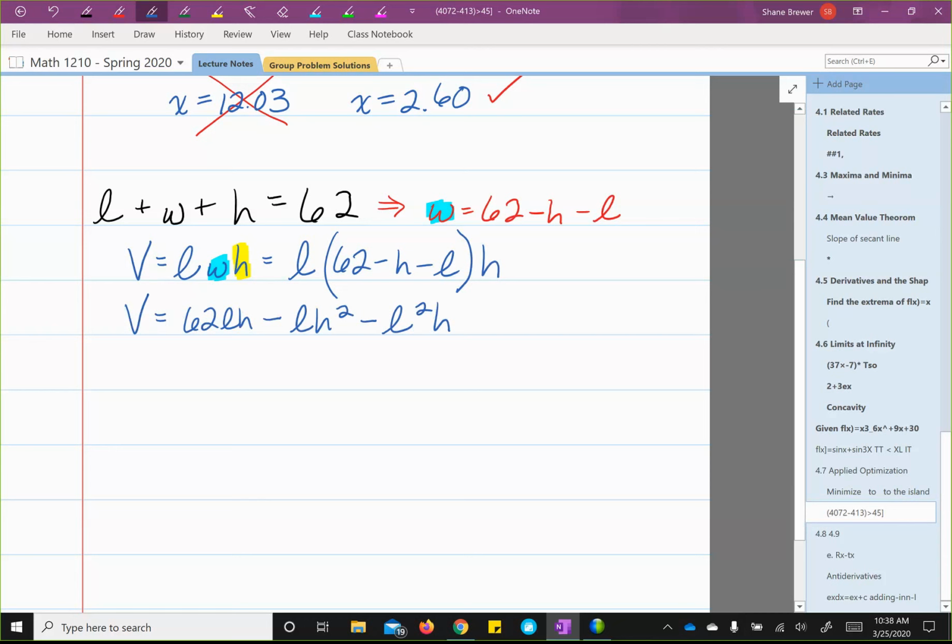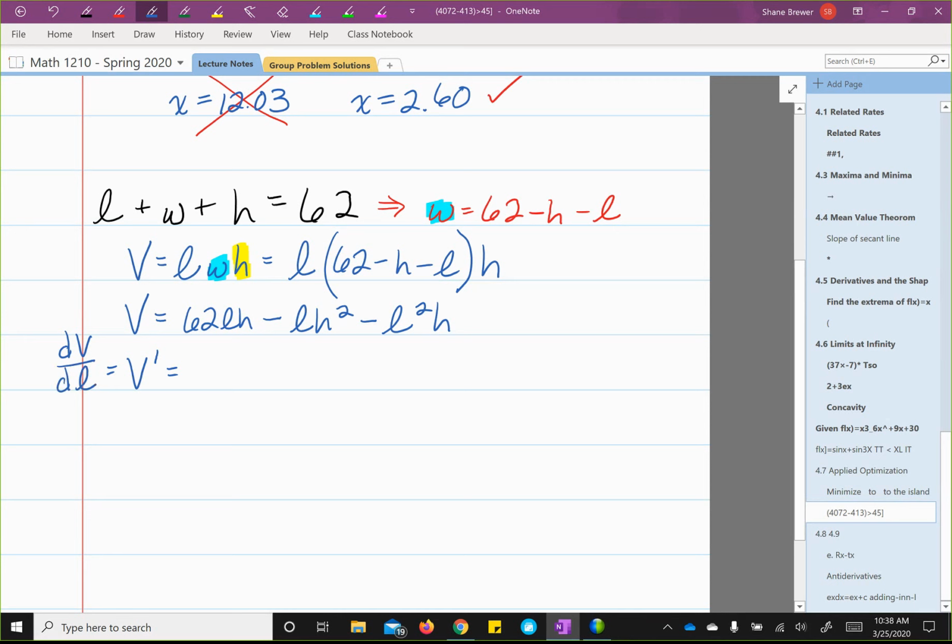Now, that's just the volume. So if we want to maximize this, we know what we've got to do: find the derivative. Let me be more precise. We're differentiating this with respect to L because H is just a constant.